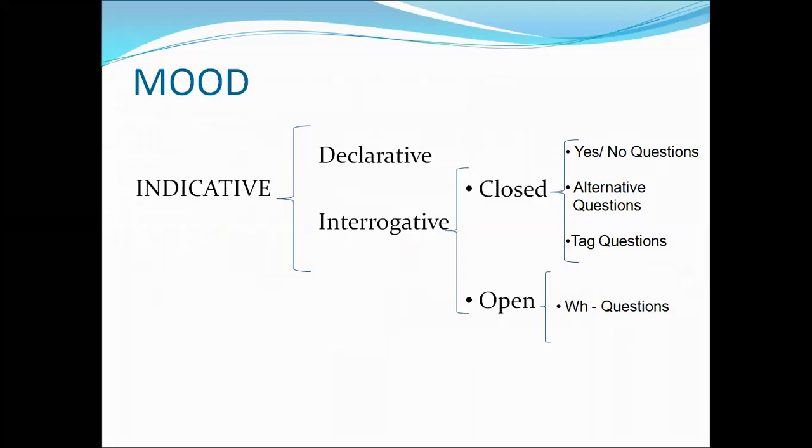You can see tag questions and alternative questions also. In case of these questions, there are not more options, right? Either yes or no, only one option. Alternative is, right? And maybe yes or no, yes-no question.